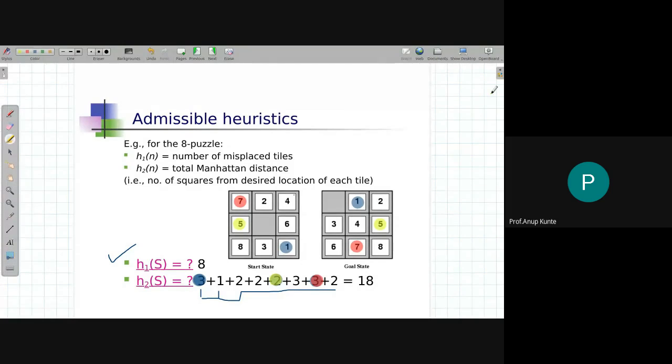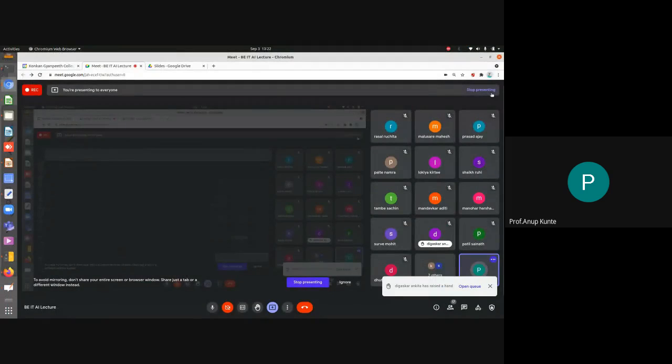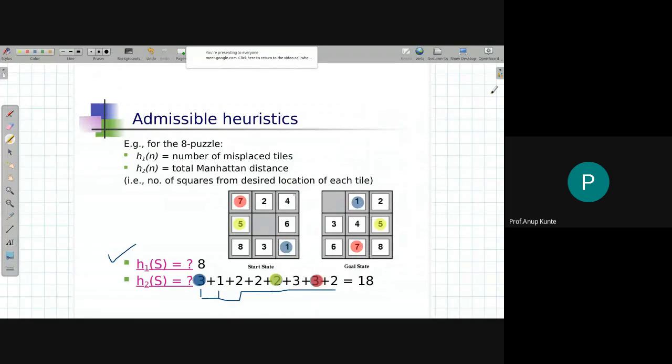Whereas when I'm calculating the sum of Manhattan distances, yes, I'm coming to your question. When I'm computing H2(n), it is going to be more time consuming, because for every cell I need to calculate the Manhattan distance for all 8 cells and then sum them to get a number.